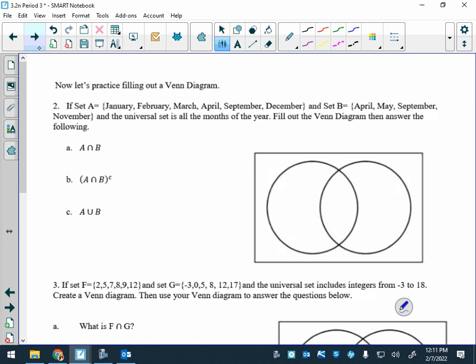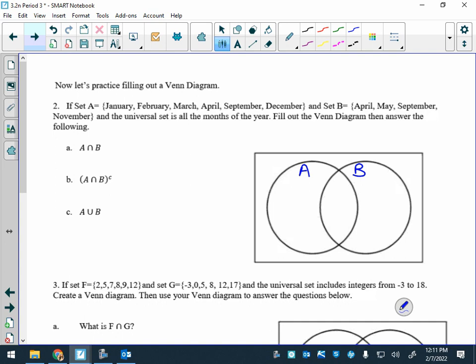So, if set A, we're going to label A and B. If set A is January, February, March, April, September, December, set B is April, May, September, November, and the universal set, so that whole Venn diagram has to include all 12 months. First and foremost, which months are both in A and B?